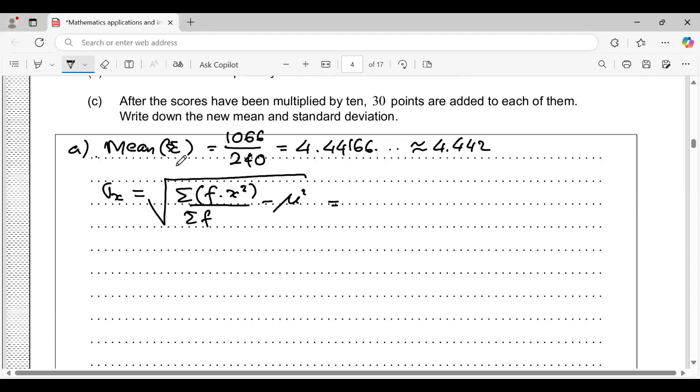Mu is the mean. So the square root of 5,394 divided by 240 minus 4.442 squared. If you calculate, the result is 1.6571.